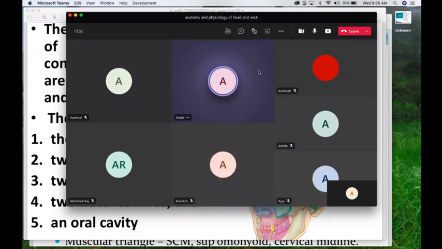Okay. So I am starting my class. Today's topic is anatomy of head and neck. First we start from head. Is my PPT showing to you? Yes, ma'am. Okay.